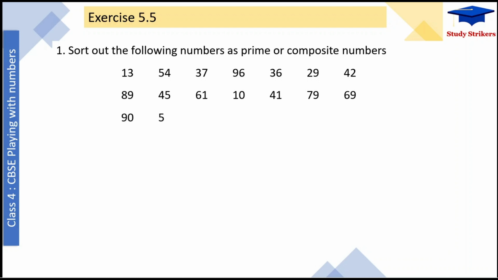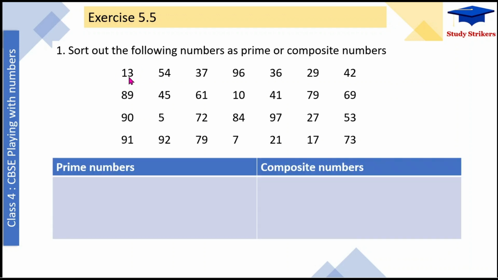So here we have to find out whether that number is divisible by only the number itself and 1, or there are more factors to that number. So let's see here. 13. 13 has only two factors, 1 and 13 itself. So we'll write it as prime number.